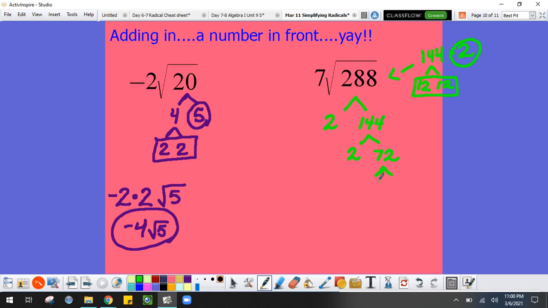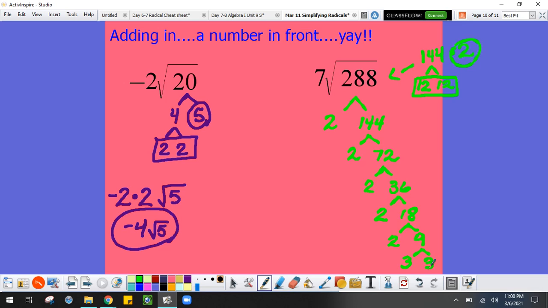And you do it again. 2 times 36. 36 is a perfect square. That's 6 times 6. But let's say you're still not thinking and you keep going. You just keep dividing by 2. That's 18. 18 divided by 2 is 9. 9 can't be divided by 2, but that is 3 times 3.